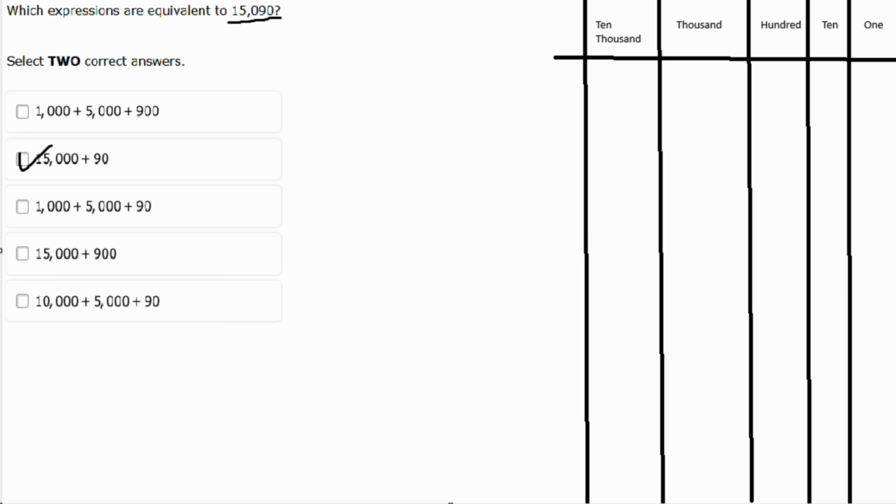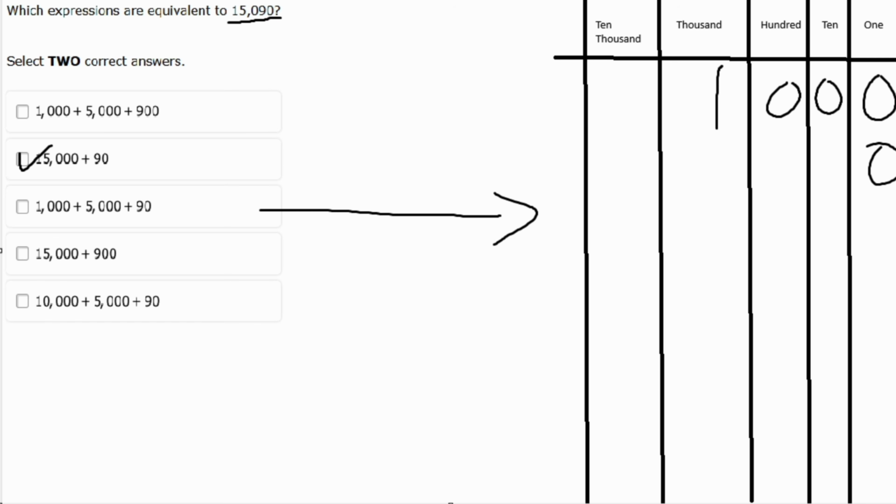All right, let's move on to our next answer choice, which is 1,000 plus 5,000 plus 90. We're going to put this in our place value chart. So we have a 0, 0, 0, and the 1 in the thousands place. And remember, if you want to try these on your own, you can pause the video now and try it on your own. All right, so we have a 0, 0, 0, and then we have a 5 in the thousands place.